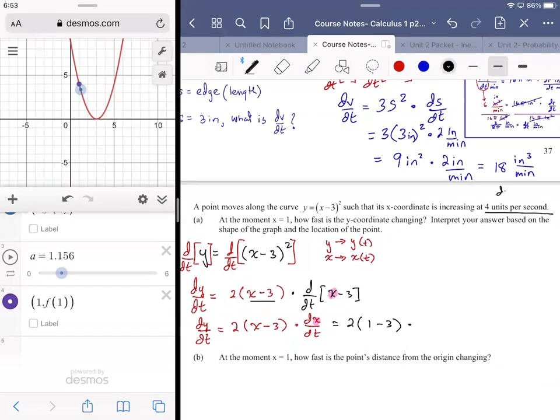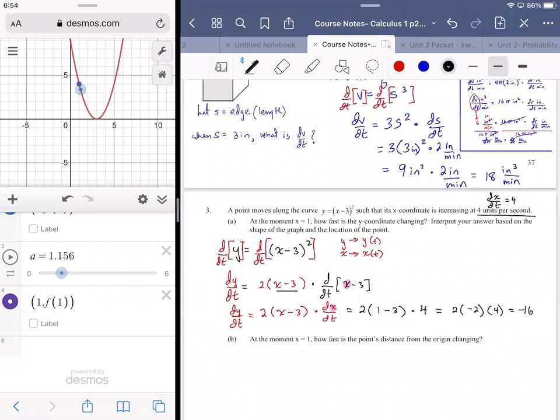So that's saying the x coordinate's rate of change, dx dt, is 4 units per second, right? So my dx dt gets replaced with a 4. So 2 times -2 times 4 is going to be -16, right?